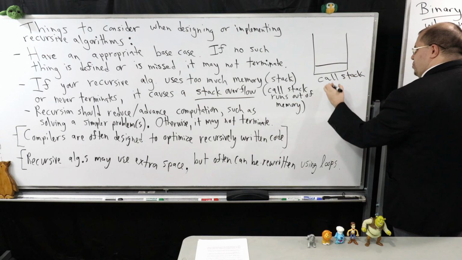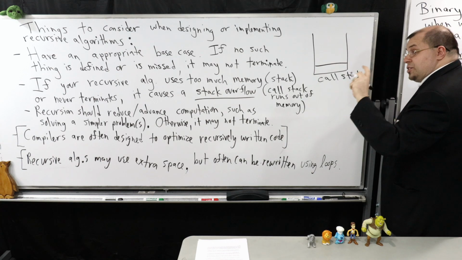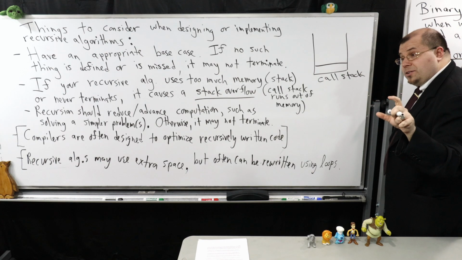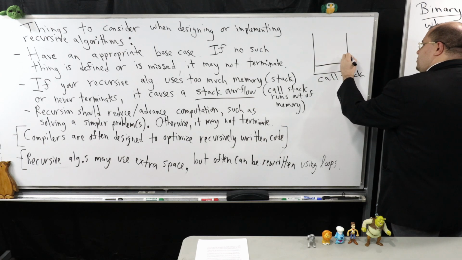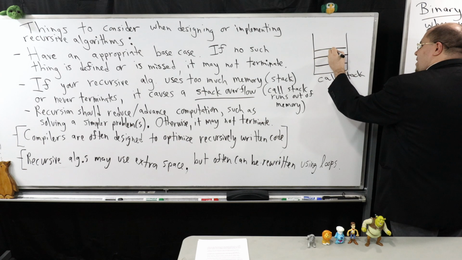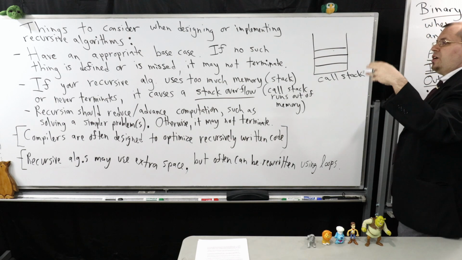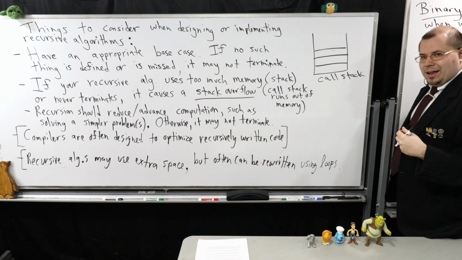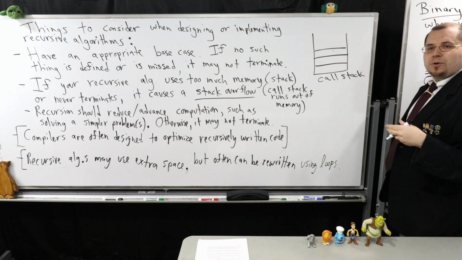It gets pushed on there with all the relevant information. Whatever activation record is sitting at the top of the stack, for one of our function calls, is what's actively being computed. That's how we manage function calls and which order they get done in: the one at the top is the one currently being processed.